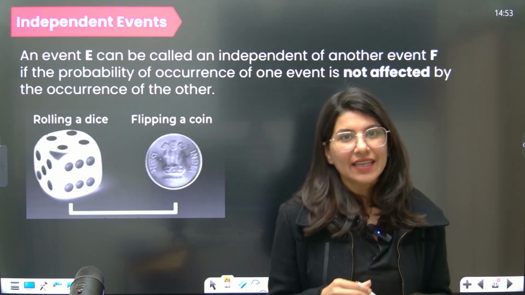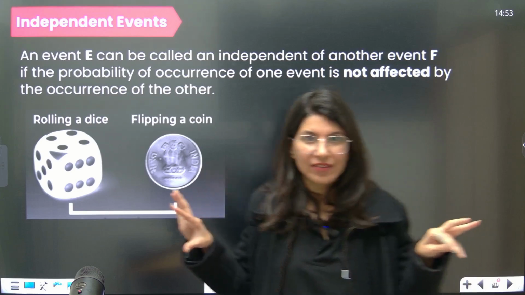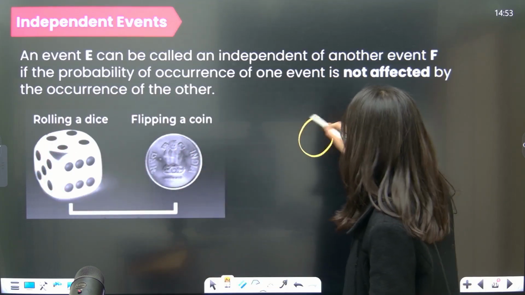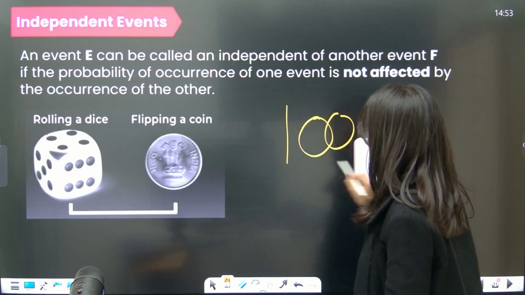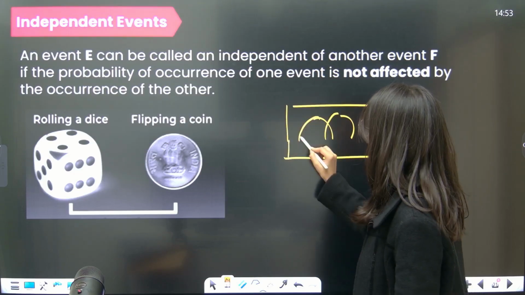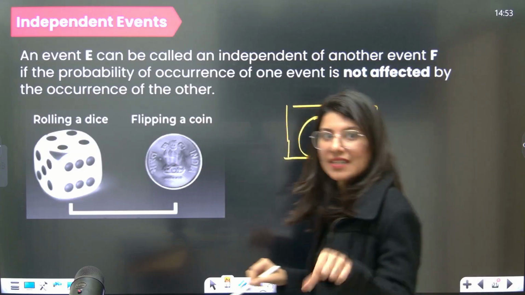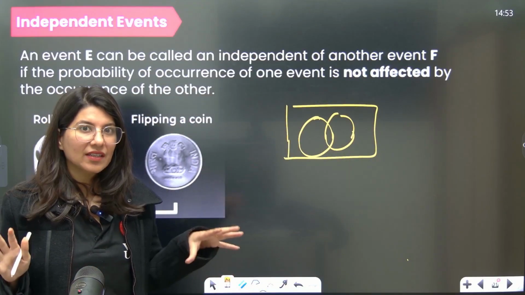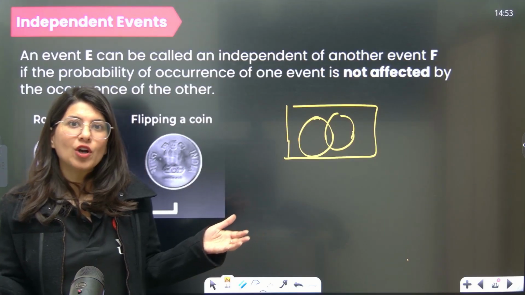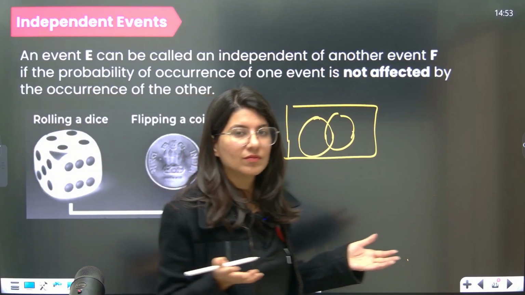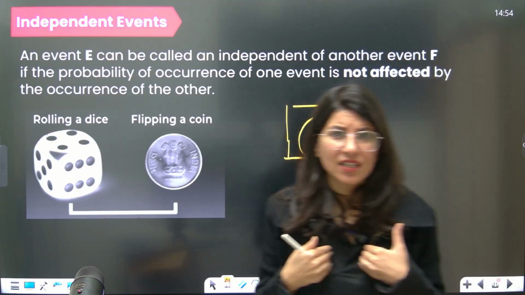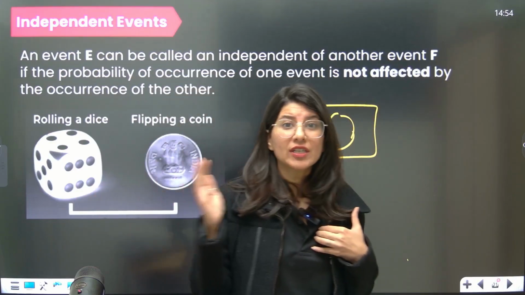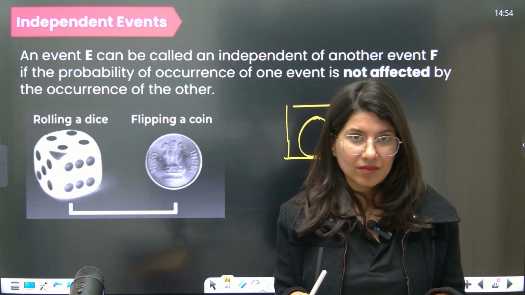Now understand. Independent events are not just disjoint events. Disjoint events are completely different. Independent events can have their intersection, they can simultaneously happen, but the occurrence of one event does not depend on the occurrence of the second event. Suppose I am taking a trip to Goa and Diksha ma'am is taking a trip to Kashmir on the same day.